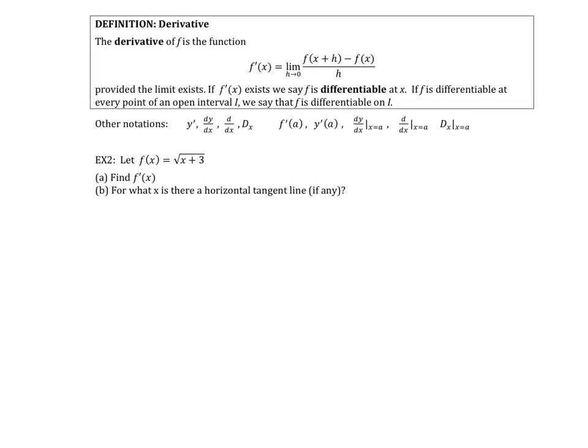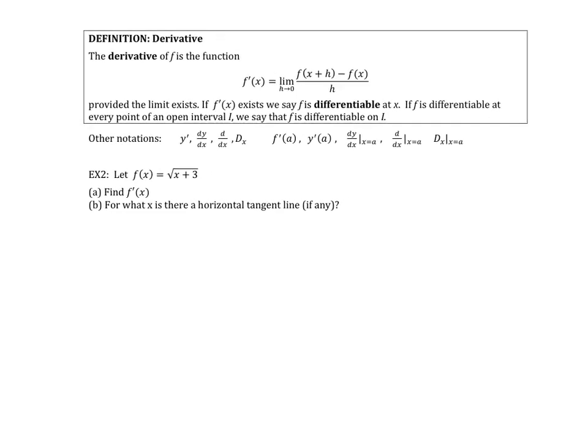That brings us to our formal definition of the derivative. So when we look at the formal definition of the derivative, it's going to be the limit as h goes to 0 of f of x plus h minus f of x over h.